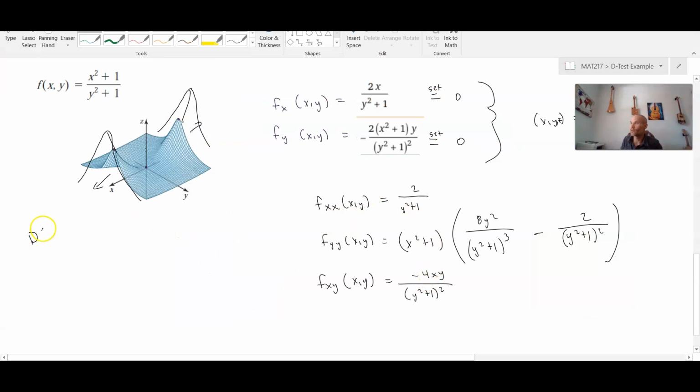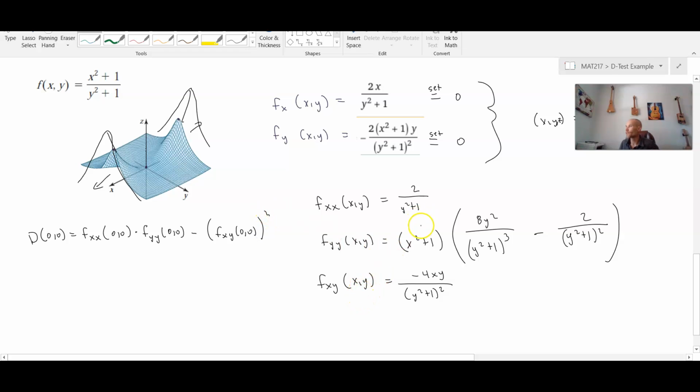So we need to compute D of (0, 0), which will be the second derivative with respect to x, evaluated at x equals 0, y equals 0, times the second derivative with respect to y, evaluated at x equals 0, y equals 0, minus the mixed partial derivative evaluated at (0, 0) squared.